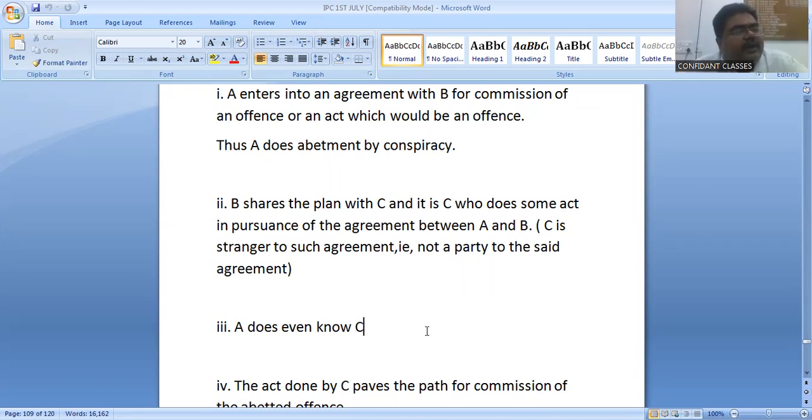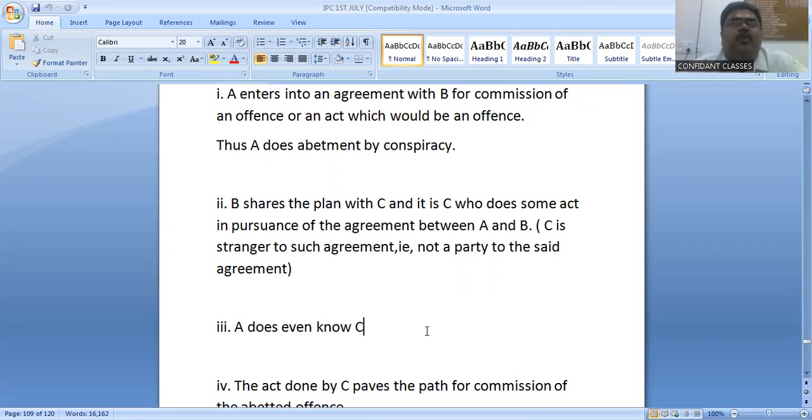तो इसका एक इलस्ट्रेशन है. A instigates B to murder C, but B refuses to do so. B ने मना ही कर दिया है. So obviously offense is not committed. A is guilty of abetting B to commit murder. Even though B has refused, A instigated B to do so.